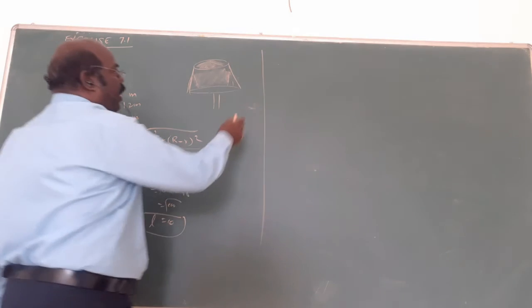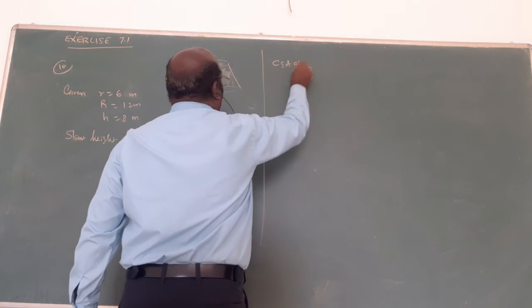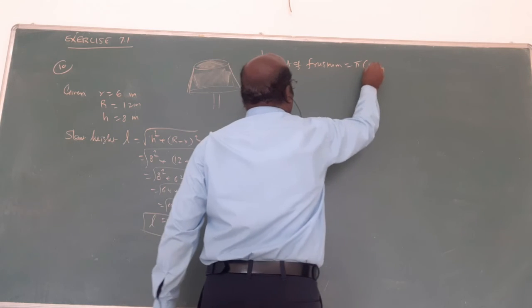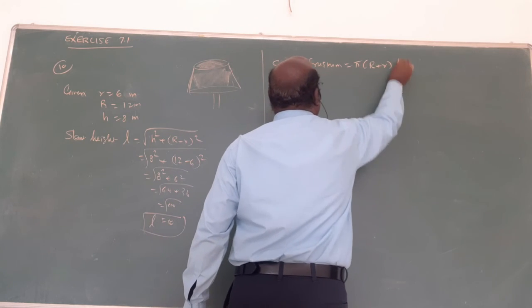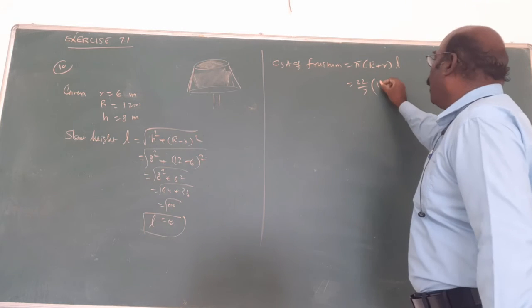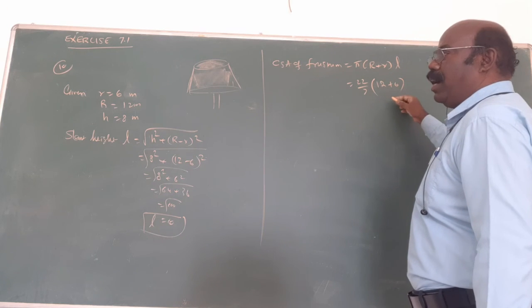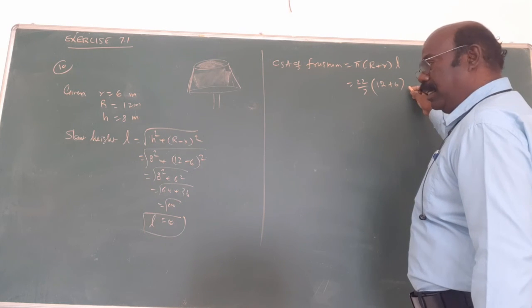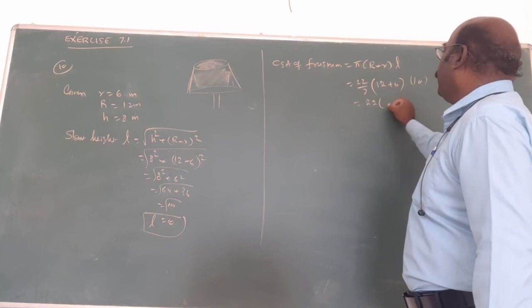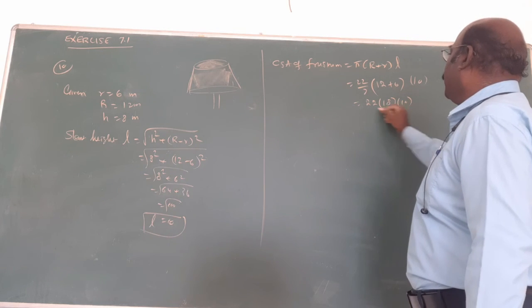Now to find the curved surface area of the frustum, what is the formula? Pi times (R plus r) times L. Pi is 22 by 7, R plus r is 12 plus 6, 18, and L is 10. So 22 into 18 into 10 divided by 7.